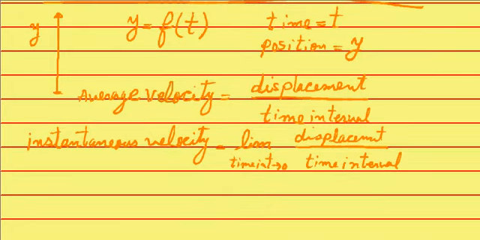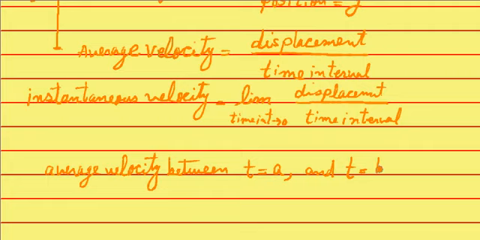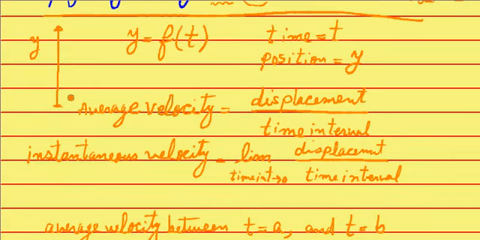So if I want to figure out the average velocity, say between t equals some number a and t equals some number b, that is, I have waited, say, a seconds.